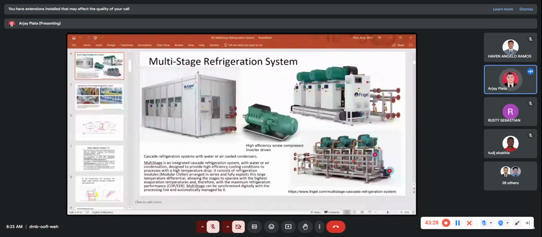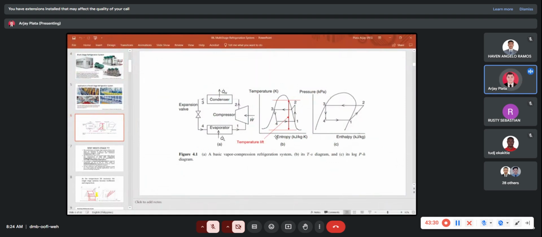So let's go back. You already know the temperature lift. We are doing the multi-stage because of the large temperature lift, the large difference of temperatures between evaporators and condensers.